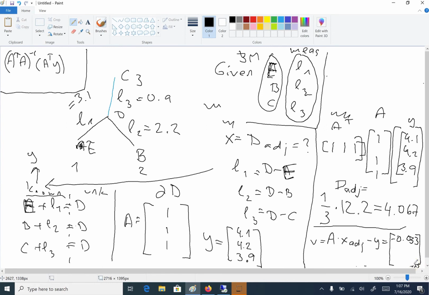Then X minus 4.2 is minus 0.133, and finally 0.167.